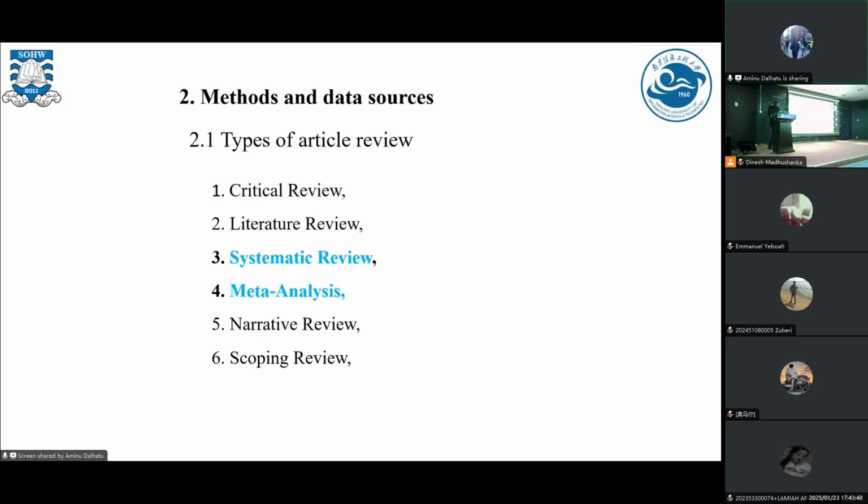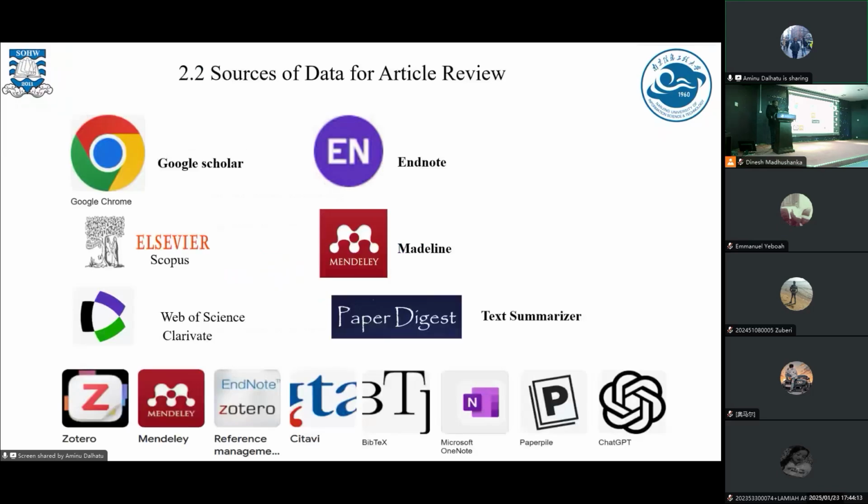This is also to find which papers are published within the scope, within the area of interest. So these six types of reviews are very important, and we have to know which type of review is right for me, or which one I have to do.